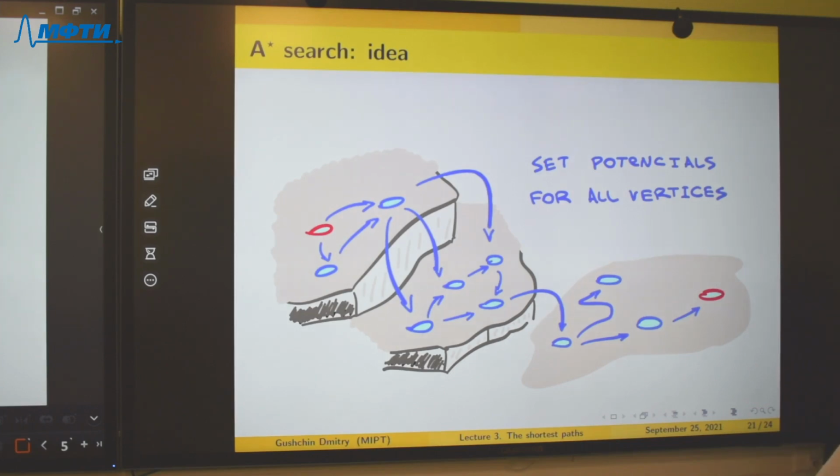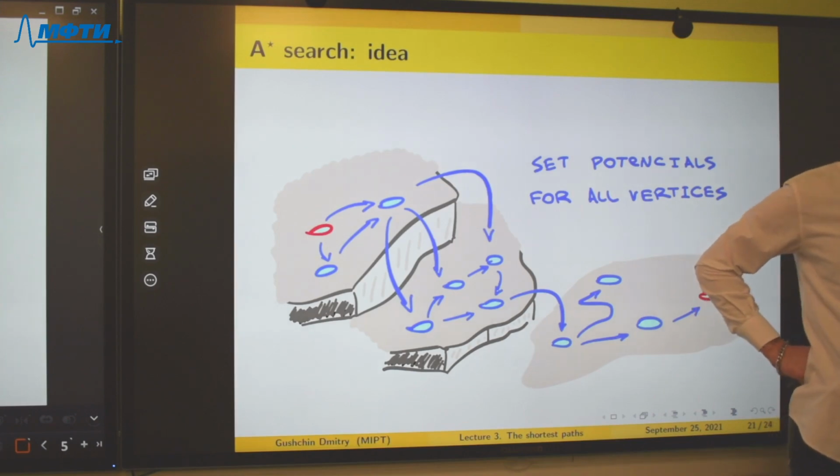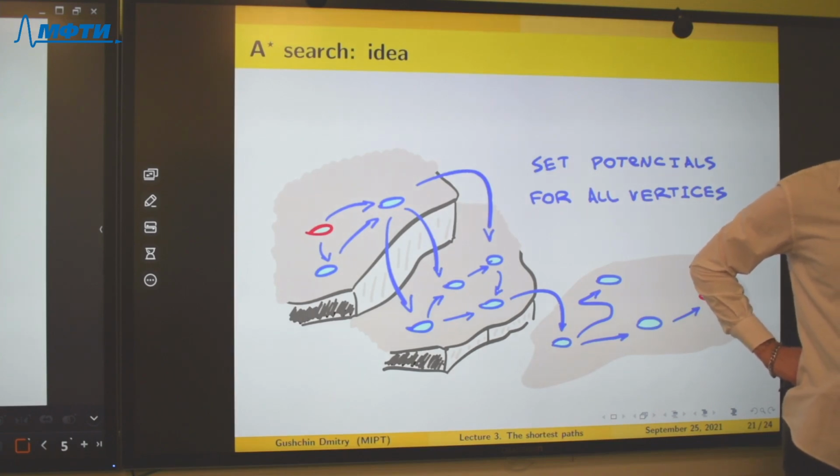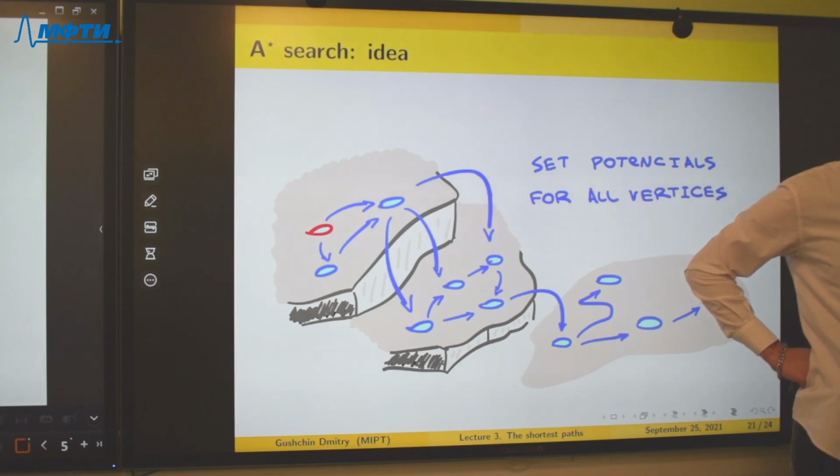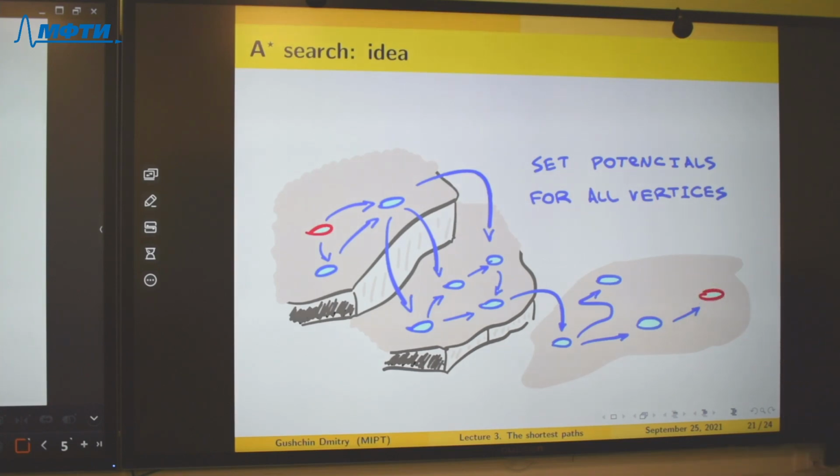It's similar to Dijkstra algorithm, but it has improvements and it contains important ideas, I think. About the ideas.